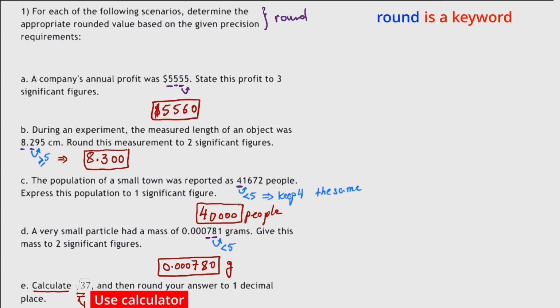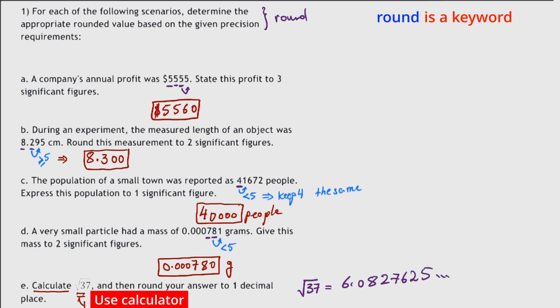So using a calculator, radical 37 is equal to 6.08276253 dots, which means that the number doesn't finish.